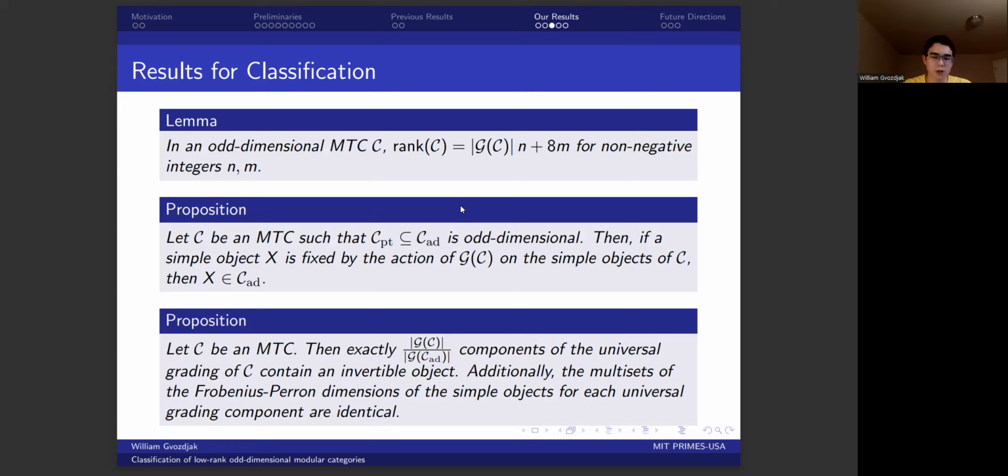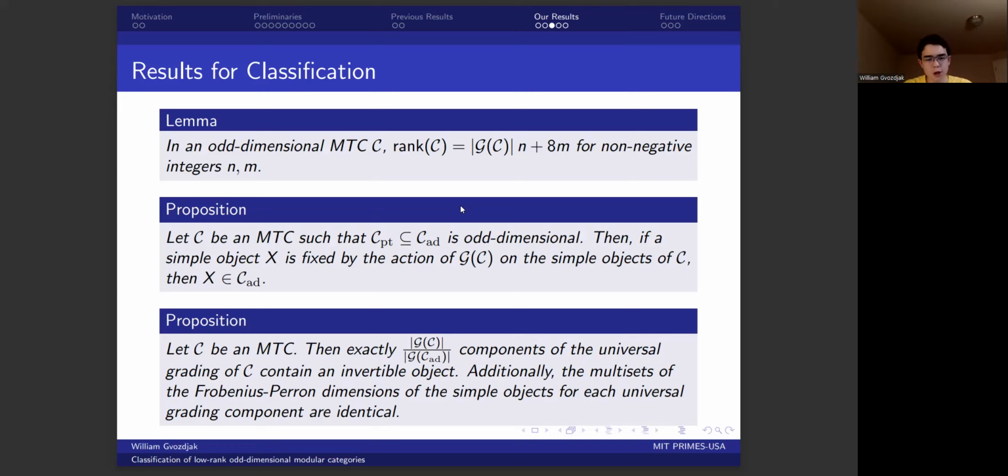Because, for example, if a simple object X is not fixed by this action, then we know that its image under the action has to have the same FPDIM as itself, which means that we have additional information about the FPDIMs of those two simple objects. So this proposition gave us a lot of information about when a simple object X can be fixed. So that was really handy.